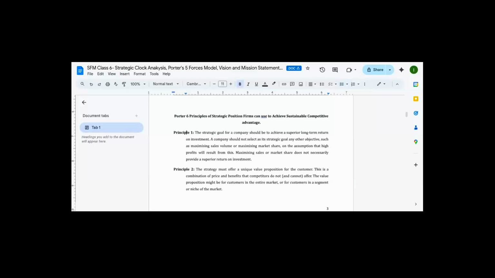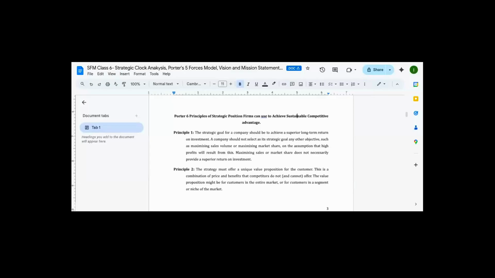So let's proceed. The Porter six principles of strategic positioning. With these six principles, Porter said that we can gain additional sustainable competitive advantage. You can see he used the word sustainable, that the competitive advantage will last longer and not only in the short run.